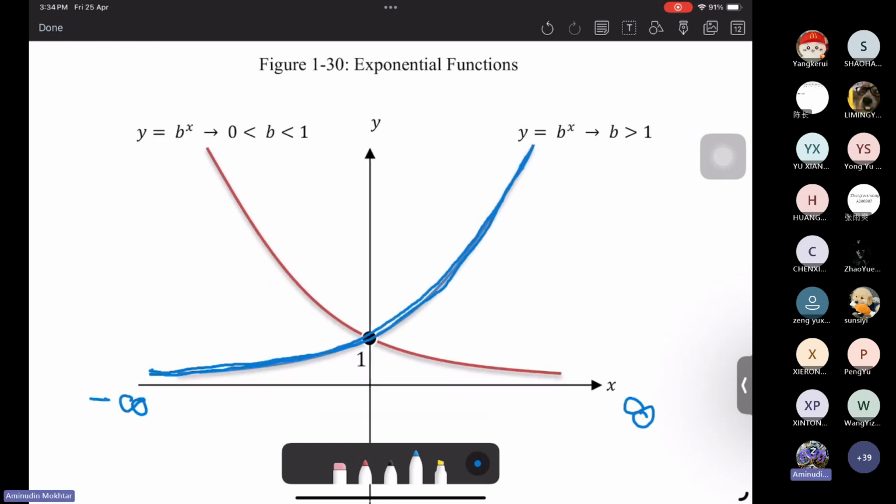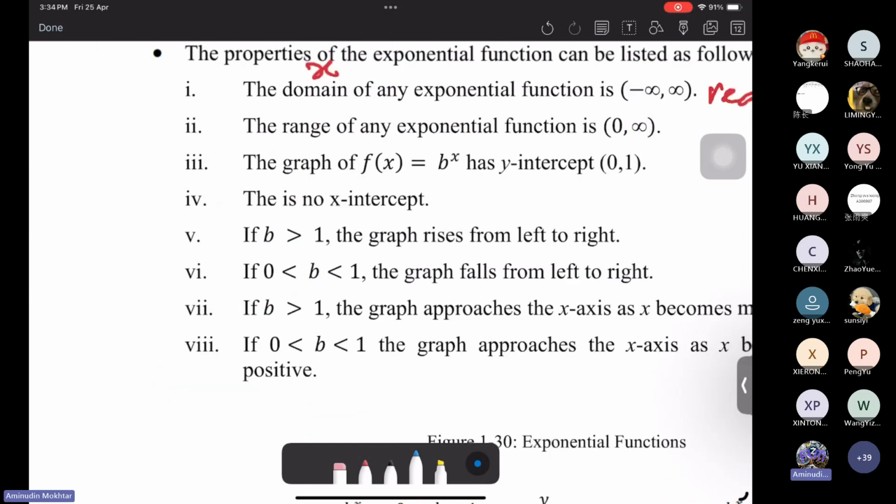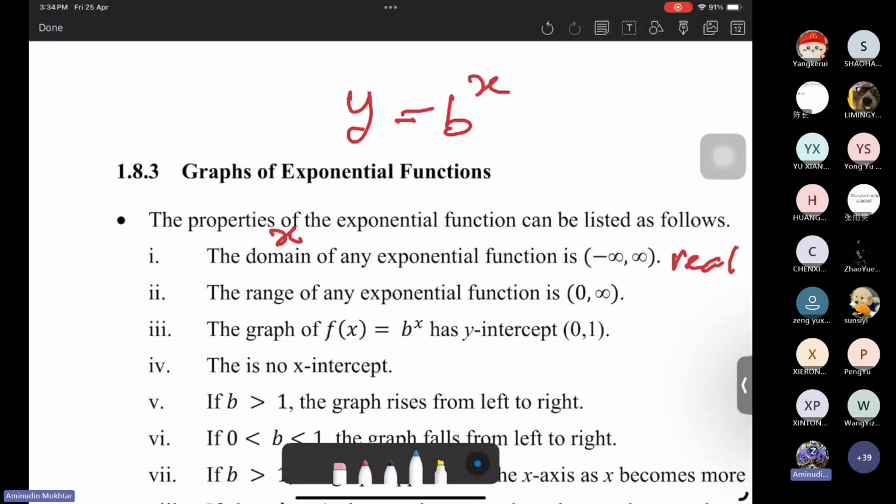But for the y, the range of the exponential function is always zero or above. In other words, the value of the function, the value of y, must be positive.